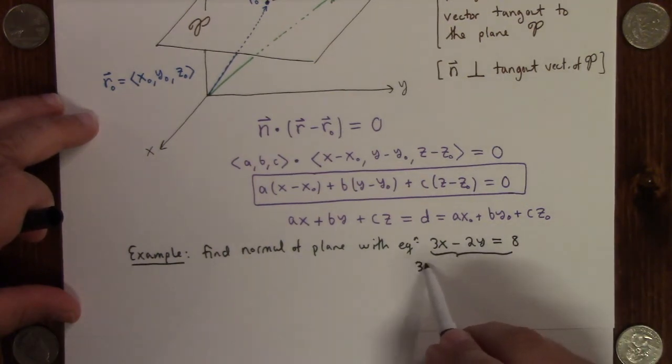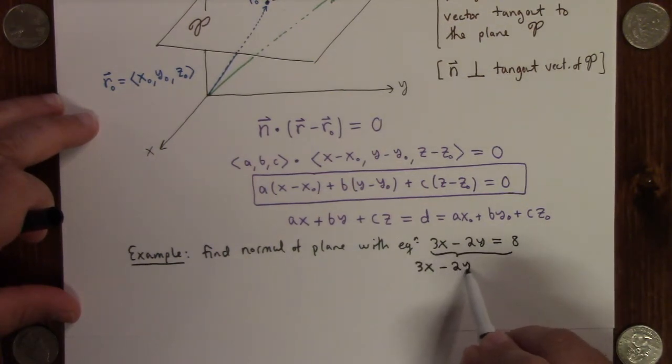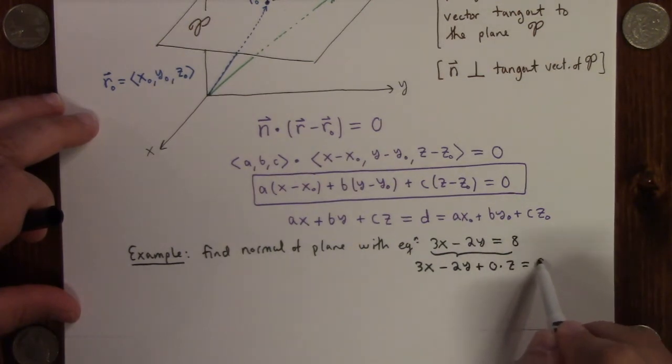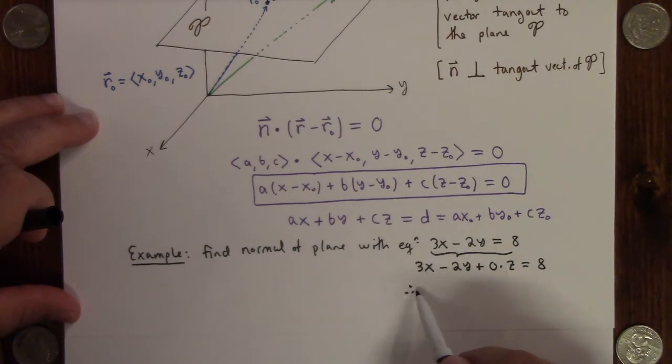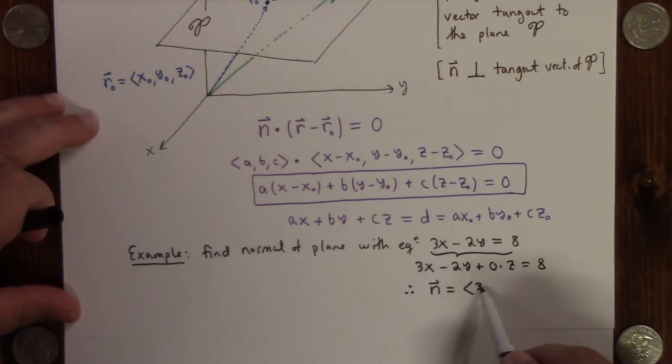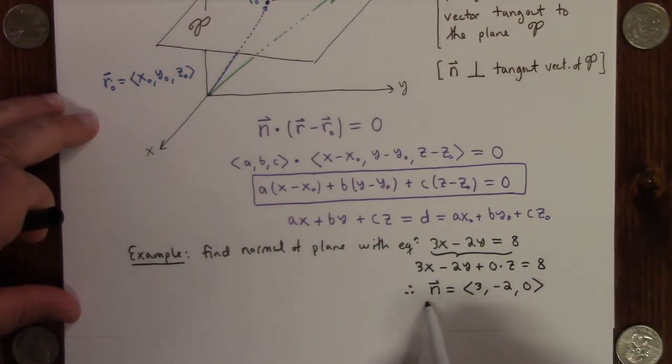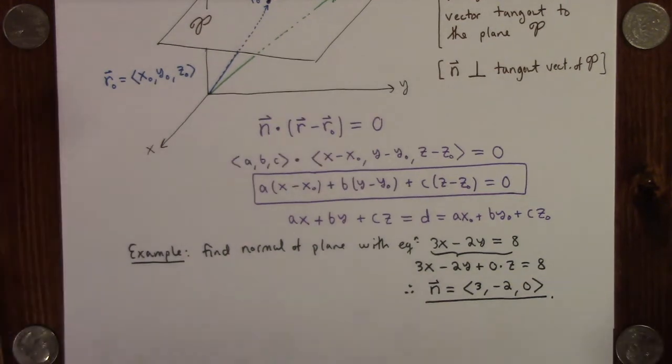So that's 3 times x minus 2 times y, and use your imagination, 0 times z equals 8. Therefore, the normal vector to that plane is 3, minus 2, 0. Simple as that. You just have to look at the coefficients and you can read off the normal.